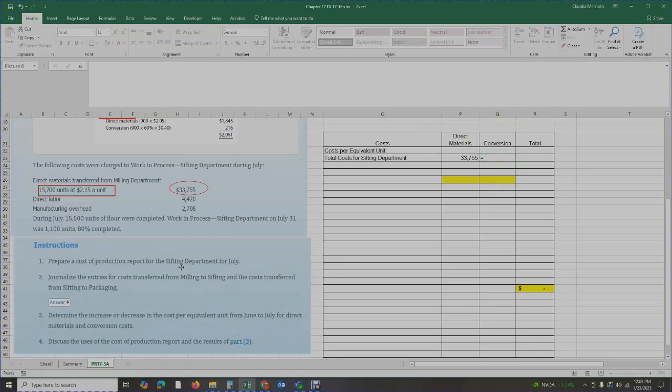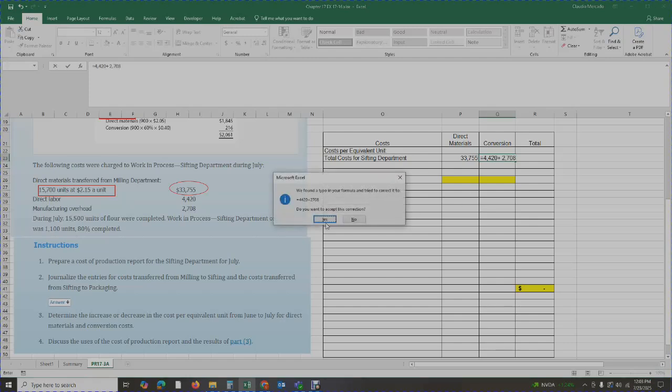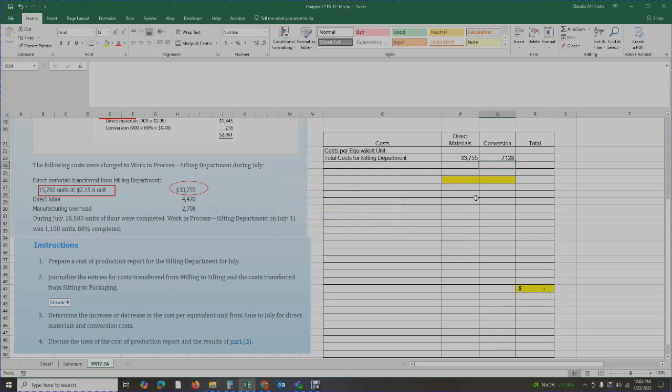We're going to add our labor of 4,420, and we're going to add our manufacturing overhead of 2,708. So my total is 7,128. So I've got my materials and I've got my conversion. Okay. So my materials cost and my conversion cost for the month.